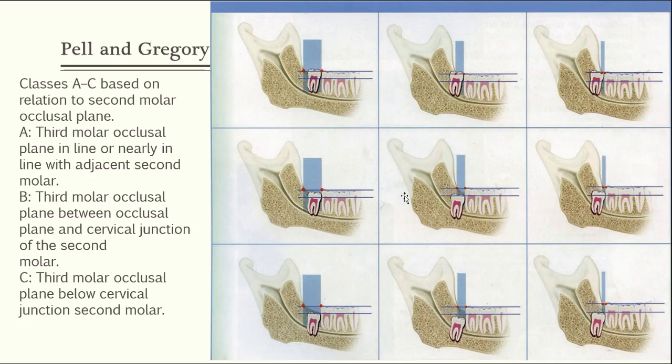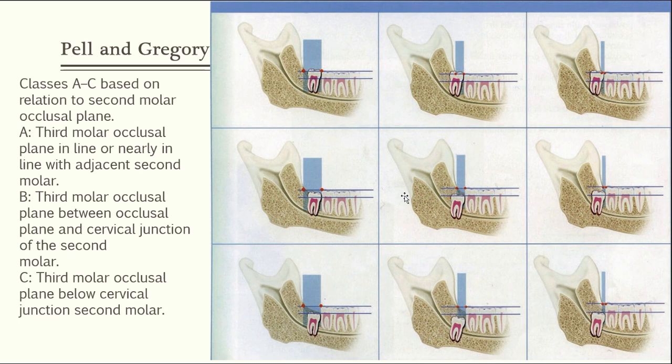Now, Pell and Gregory. Pell and Gregory is defined on two relationships: the relationship of the wisdom to the second molar occlusal plane, and the space with the anterior border of the ramus. If the tooth is at the same level as the second molar occlusal plane, it's class A. B is between the cementoenamel junction of the second molar and the occlusal plane of the second molar.